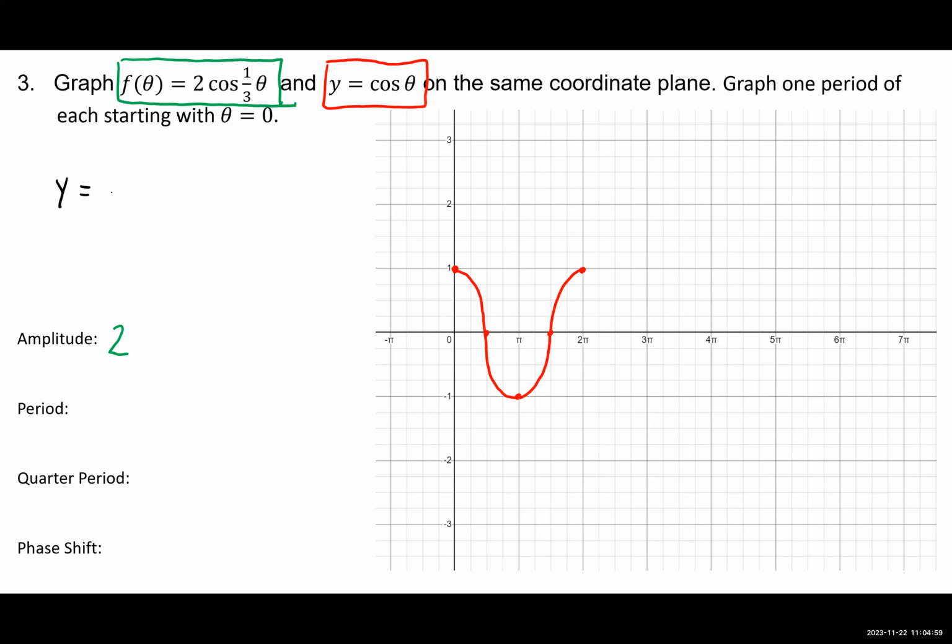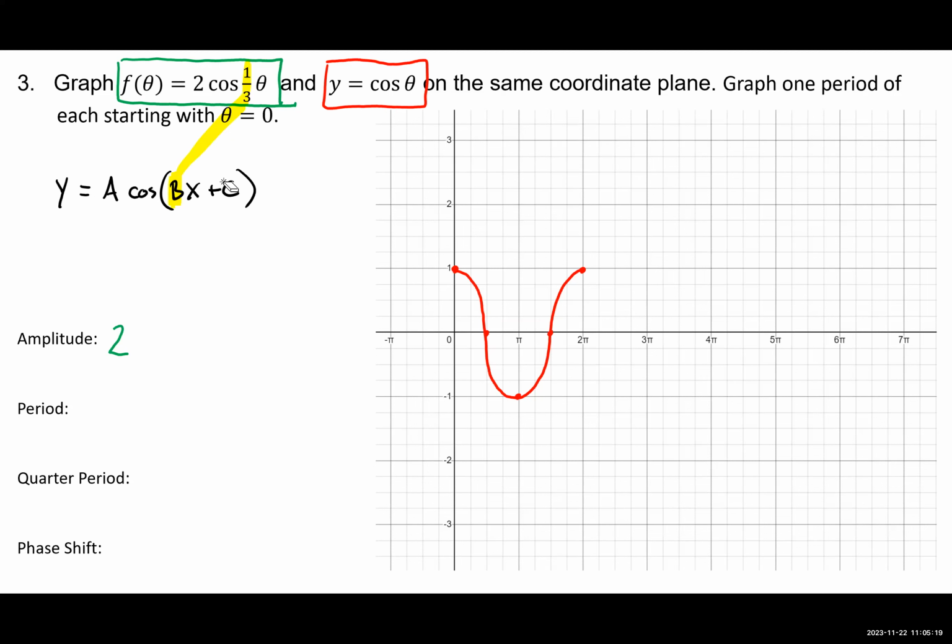If we go back to the model, y equals a times the cosine of bx plus c, you notice there's a b in this problem. B is 1/3.